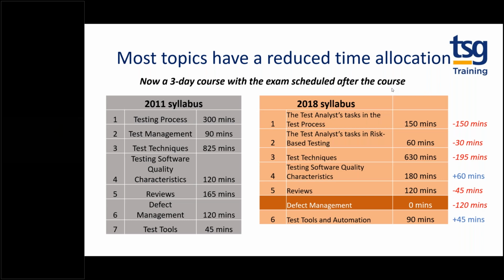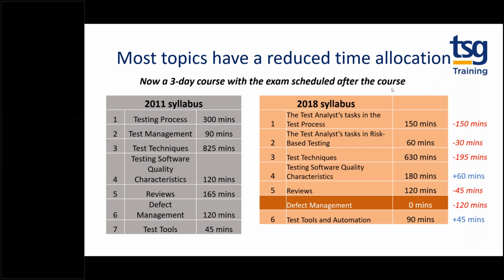A lot of it, again, is alignment with standards. And for most of the other areas, there's been a reduction, and this reflects the reduction in learning objectives. So each of these areas, notice testing process is now totally tightly focused on the test analyst tasks in the test process. Test management has now been realigned with the analyst's contribution to risk-based testing, and any of the general process decision making has been removed.